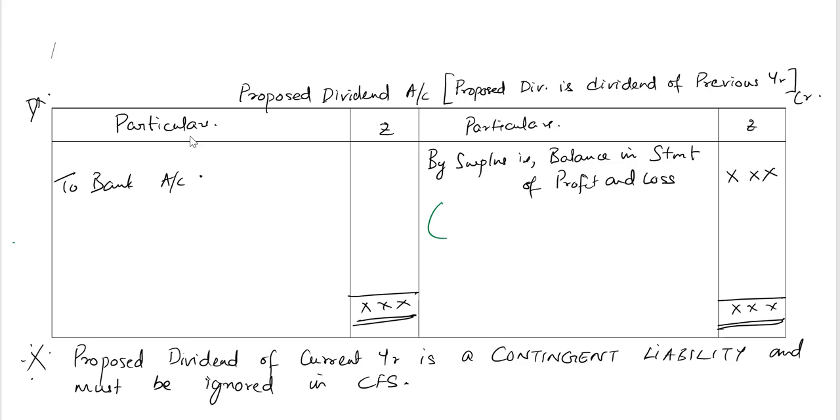Now this amount will be added in OA, operating activities, while determining the net profit before tax and extraordinary items.